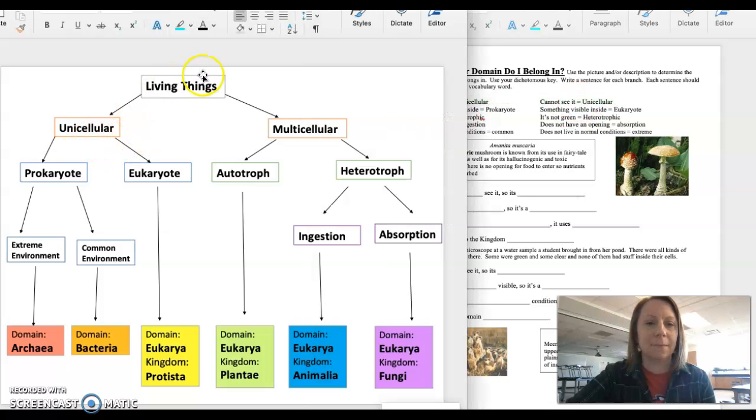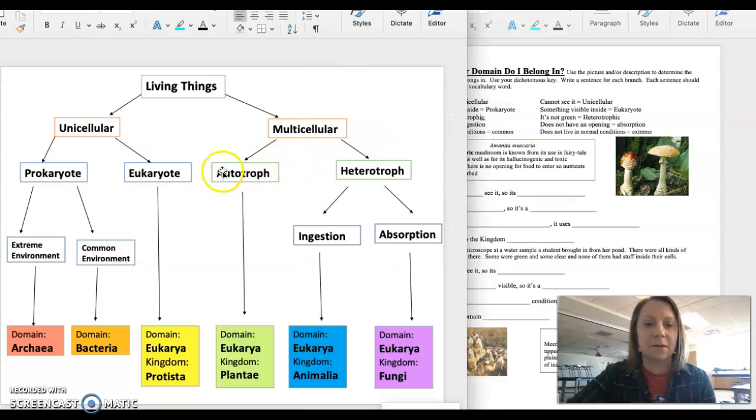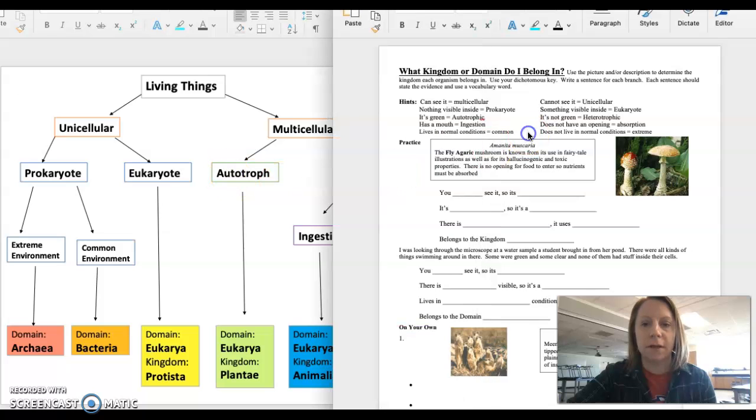So if you can see it, you're going to go this direction. And then after that, we're going to just decipher, is it an autotroph or a heterotroph? And the way you know that is if it's green, it can do photosynthesis, so therefore it's an autotroph. If it's not green, it can't do photosynthesis, so it's a heterotroph.